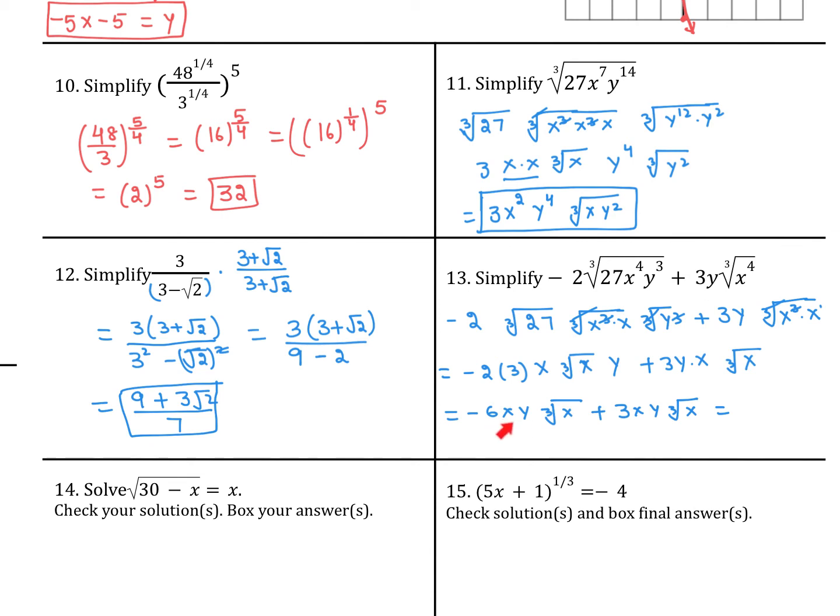Now they are like terms, and now we can subtract them. Negative 6 plus 3 is going to be negative 3xy cube root of x.